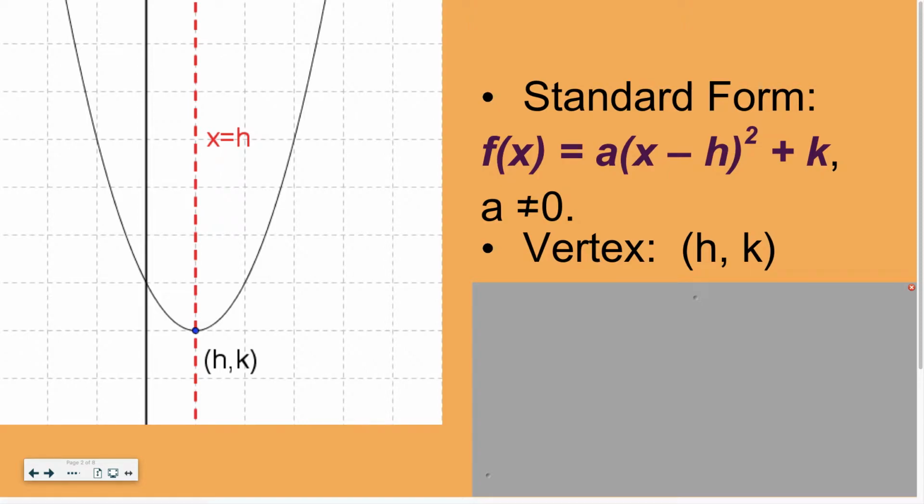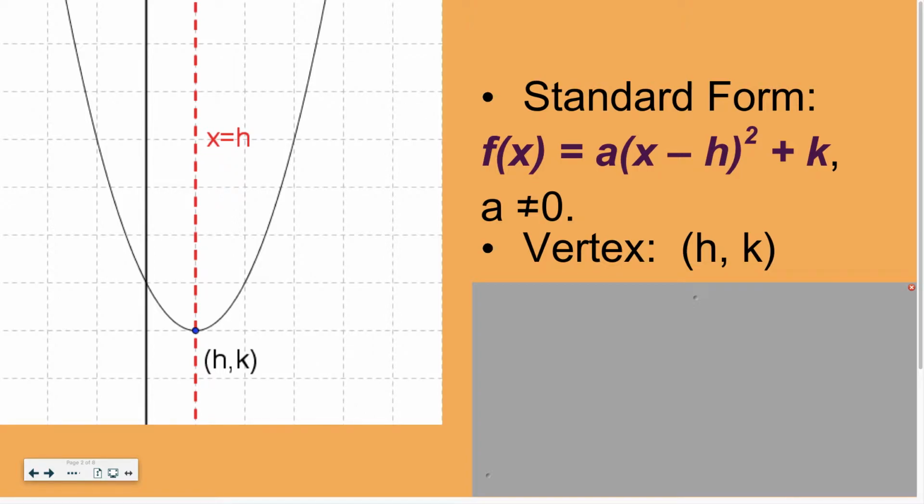Now notice how it says x minus h, the quantity squared, plus k. Right now this is written as a shift to the right. If it was x plus h, it would be a shift to the left. So we're taking h, and really it's going to look opposite from what you see, right?